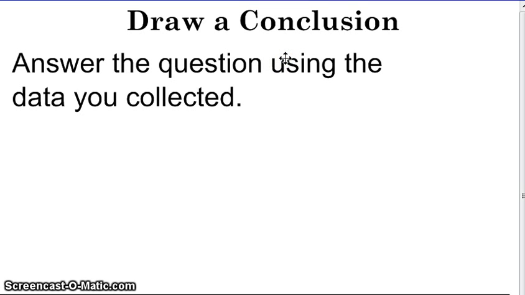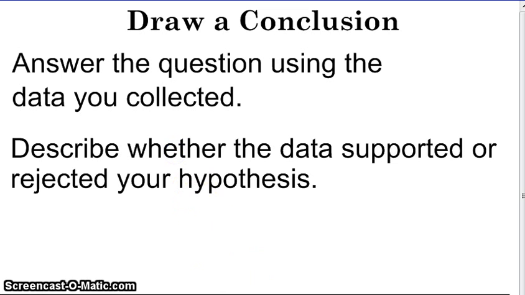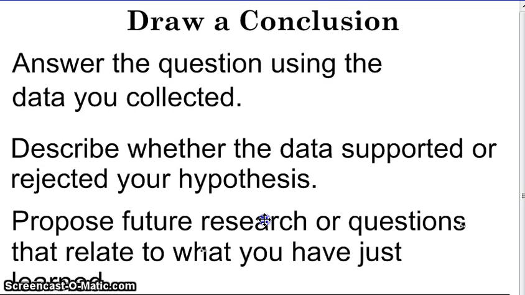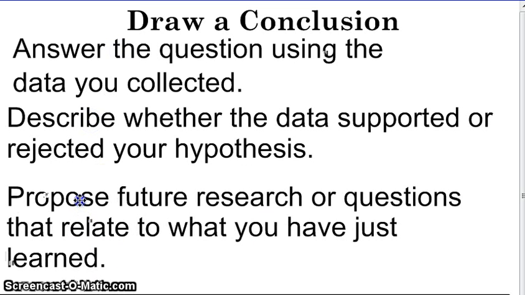Since the scientific method is about answering questions, you better answer your question in the conclusion. You should describe whether the data supported or rejected your hypothesis. It does not matter whether it supports or rejects your hypothesis, but you should explain whether it supports or rejects your hypothesis. And then usually while you're doing the investigation, you will make some other observations.